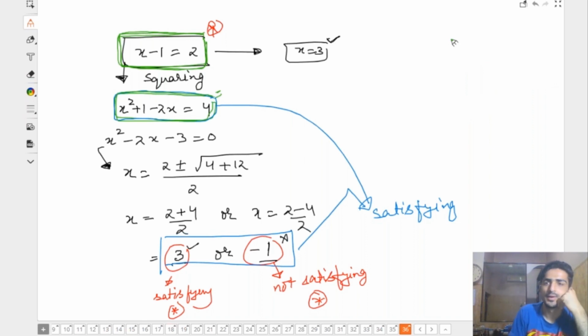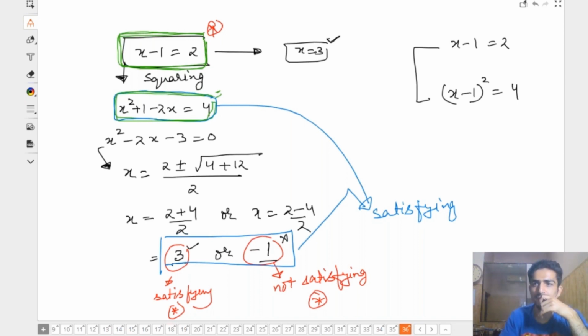Listen, x minus 1 equal to 2, and (x minus 1) whole square equal to 4. Do they look same to you? Certainly not.